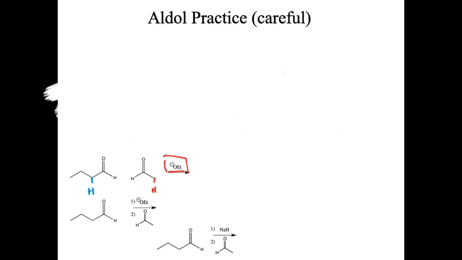Okay? How can I make sure that I can get these 2 to react, but very specifically, to form only 1 product? I need to change the conditions. I need to move up the strength of the base such that the base fully deprotonates the starting aldehyde.